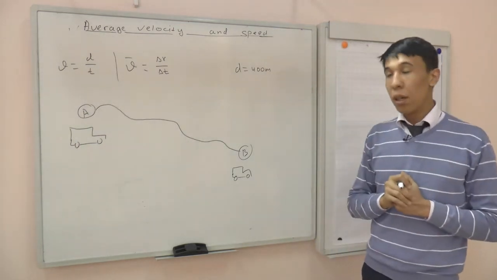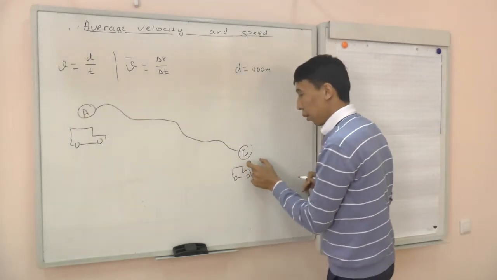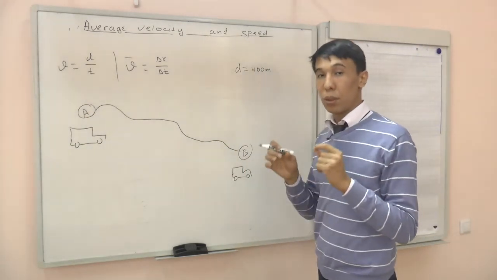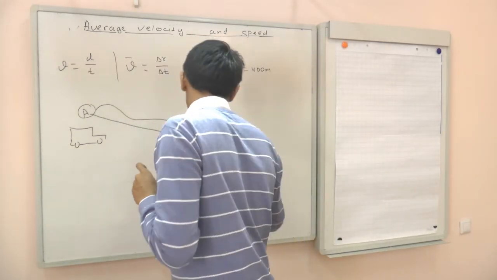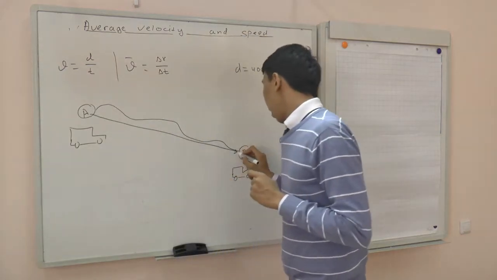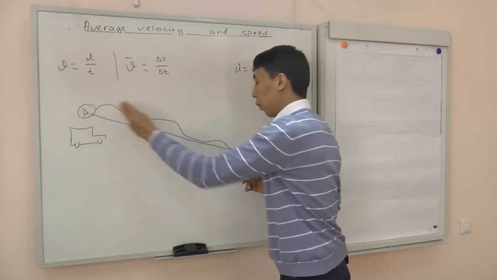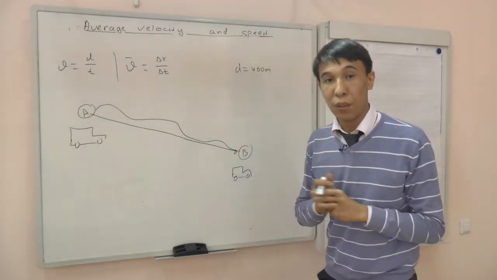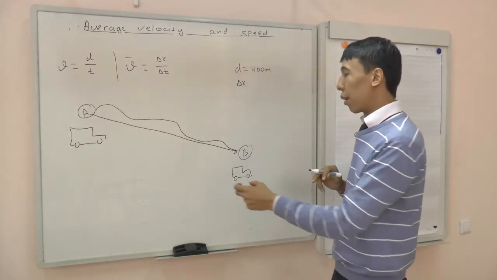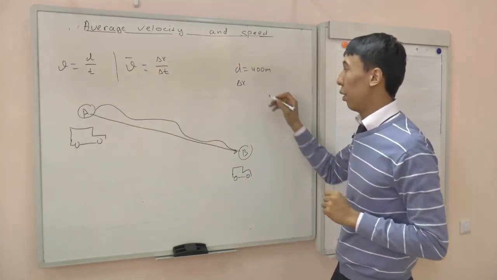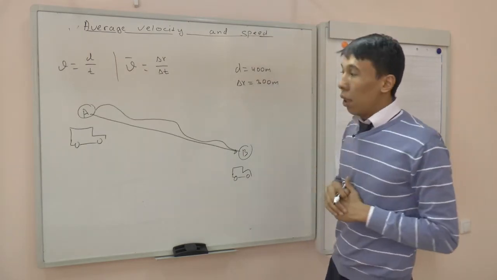However, when he goes from point A to point B by the short way, by short I mean displacement, the driver could reach point B in a short period of time, as displacement is shorter than distance, and it was 300 meters.